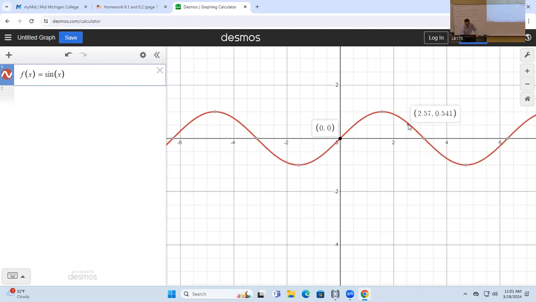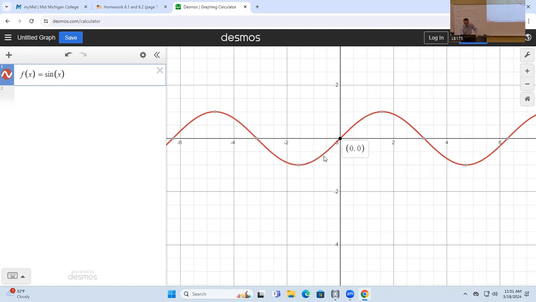Every time I have a point over here, like 2.57, positive 0.541, if I go over here to negative 2.57, I get a negative 0.541. See that? Symmetric about the origin. If I draw a line through the origin, they match up.